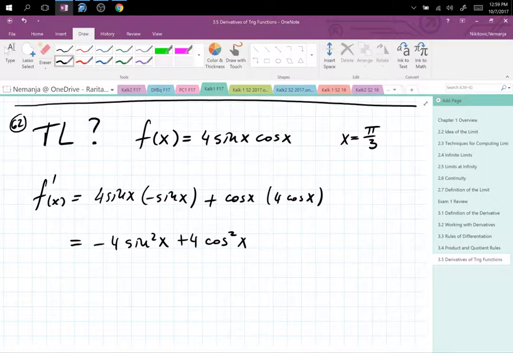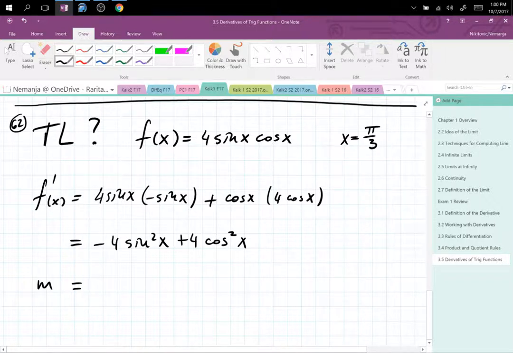And if you know the identity, that is actually the identity for cosine of double x, and then you have less calculations to do. But again, we're going to leave that for those of you who are more trig friendly.